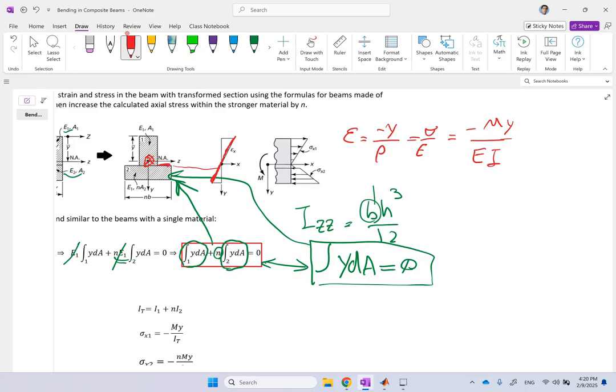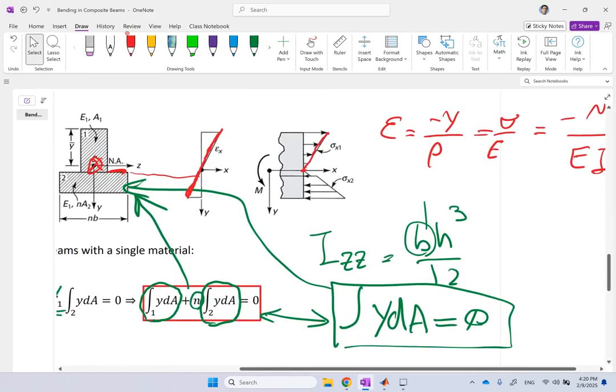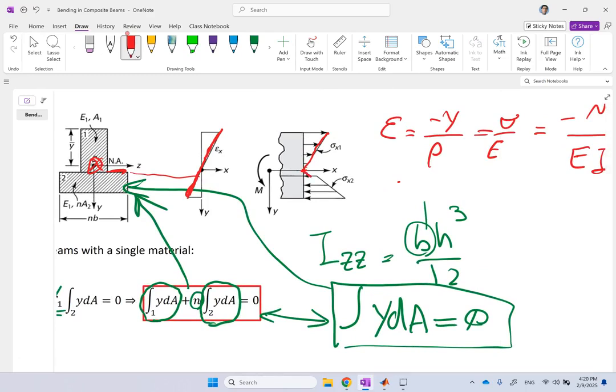But the stress is not like that. The stress is going to start from 0 at the neutral axis, and it's going to go up. On the weaker material, it goes directly up. But on the stronger material, you only continue this linear relation until you get to the boundary, from the neutral axis to the boundary.